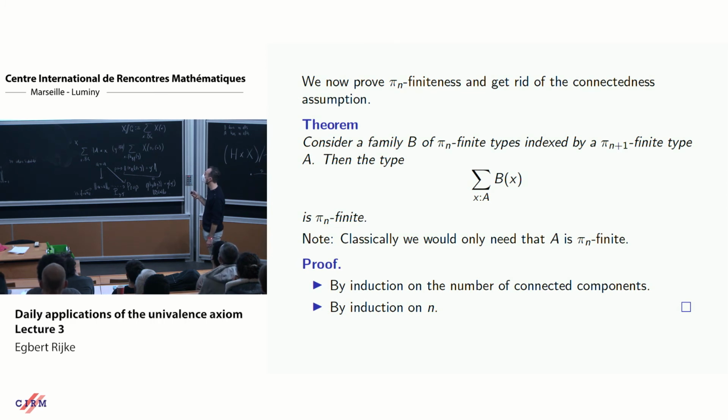And if you would live in a classical world, we would only need that A is pi n finite by this argument that the fiber maps surjectively into the total space. But here we're gonna use pi n plus 1 finite. And I think Ulrich shared with me once an argument that you can make this reduction if and only if the law of excluded middle holds.